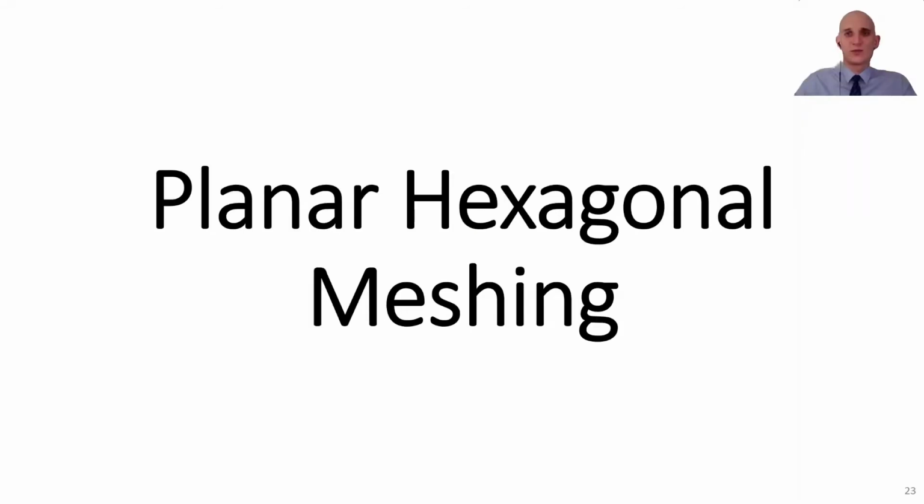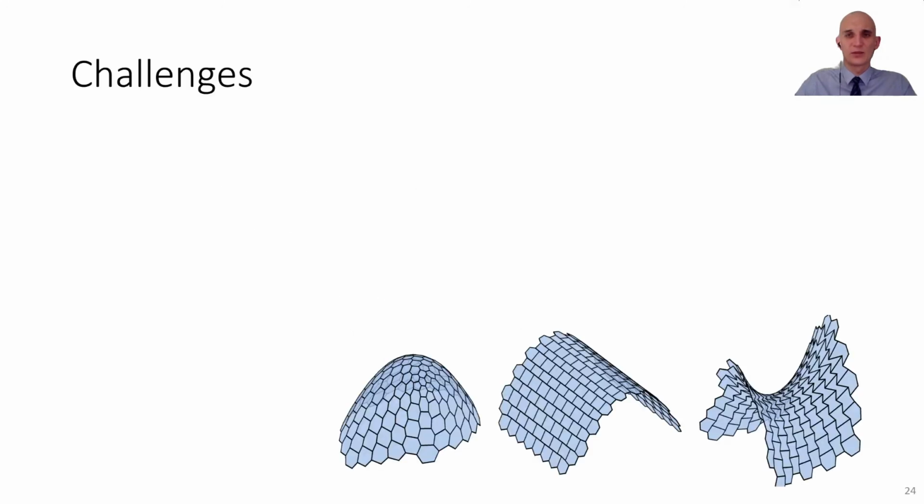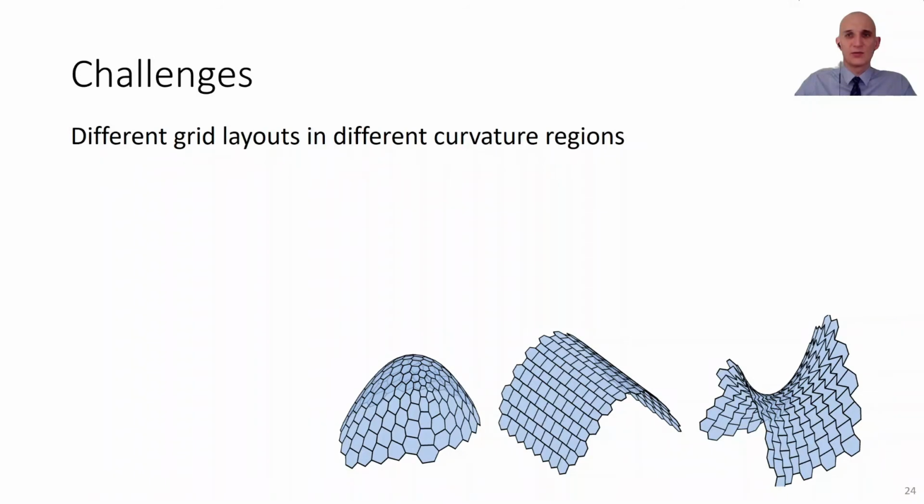Thank you, Michal, for providing the first part of the presentation. In the second part of our talk, we will focus on an application of the CPF framework for computing planar hexagonal remeshing. As mentioned, hexagonal remeshing poses difficult challenges. First, depending on the curvature, we may need non-convex hexagonal shapes.